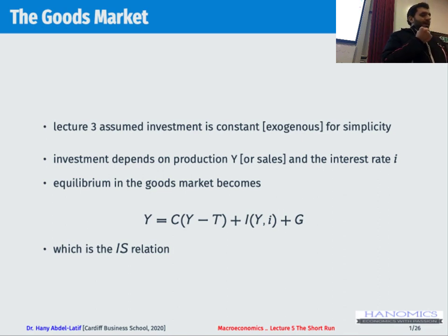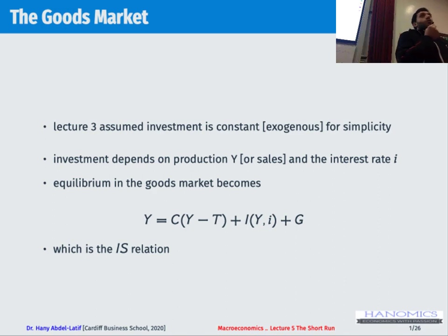So at the end of the day, production or sales is one of the important factors that determine investment. To expand their investments, maybe they need to borrow money. In such a case, they will pay interest, so the interest rate is another determinant of investment.